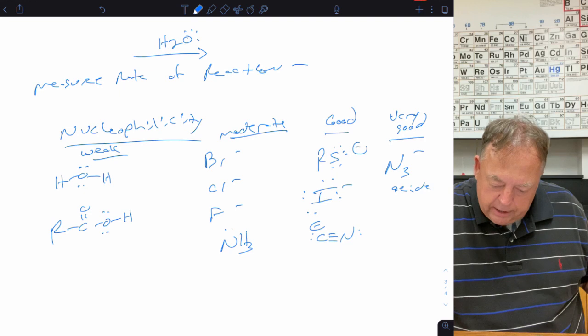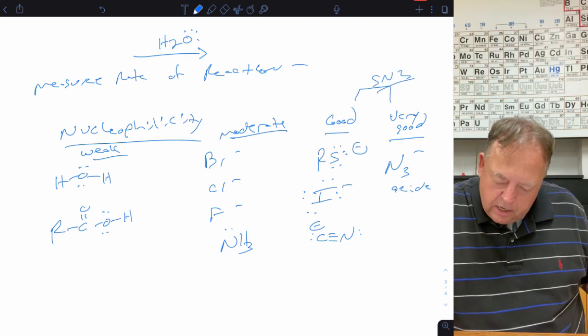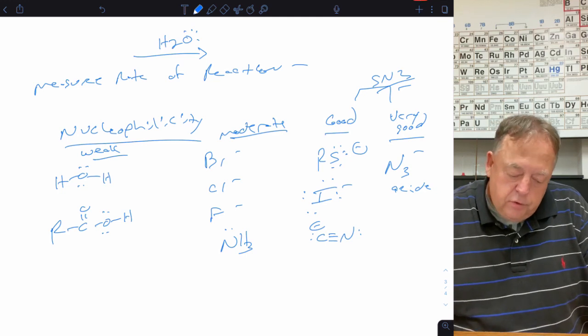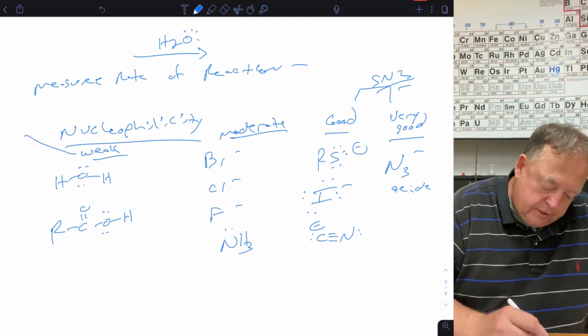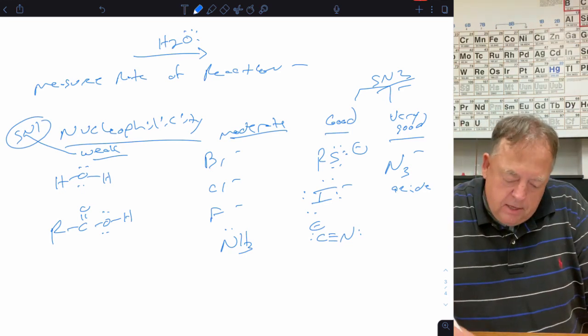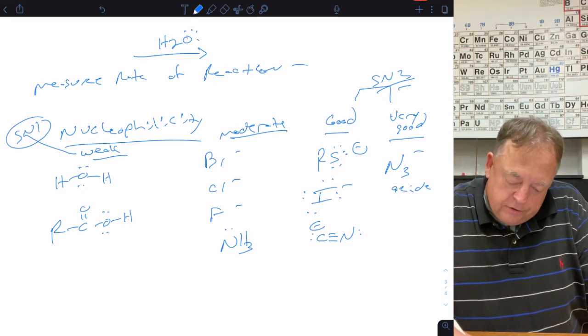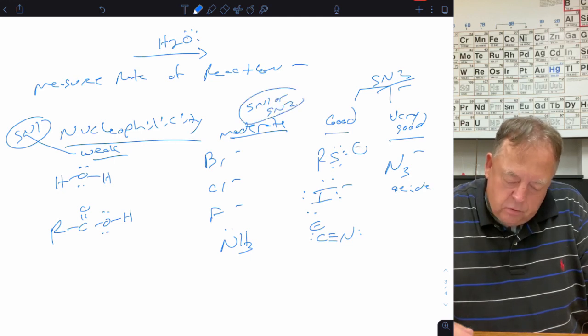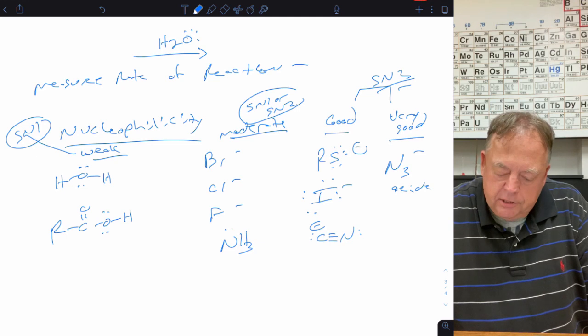So for SN2 reactions, you typically have a good or very good nucleophile, and as we'll see when we talk about the SN1 reaction, they typically have a very weak nucleophile. And then the moderate nucleophiles could do SN1 or SN2, and it depends on what the other conditions are in the reaction.